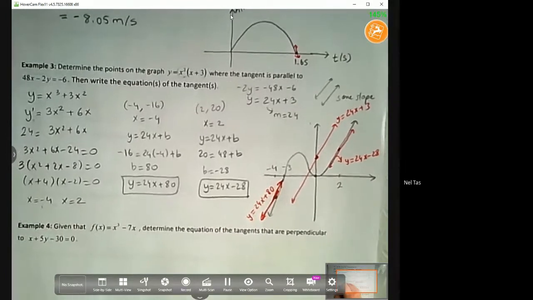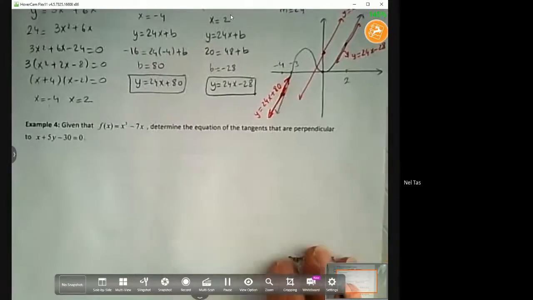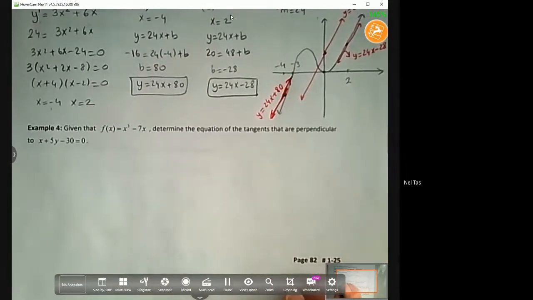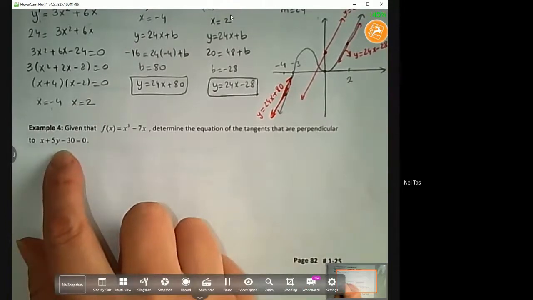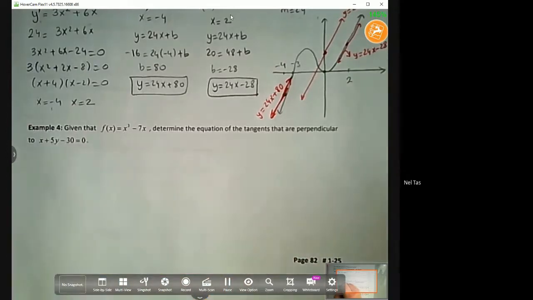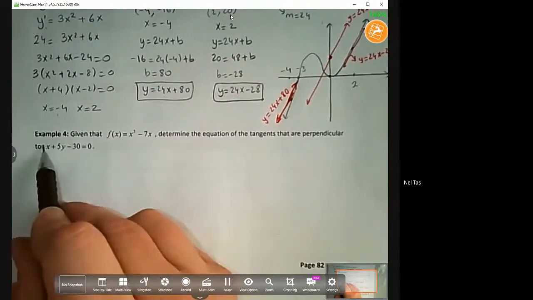Okay, let's look at the last question. Given that f of x equals x cubed minus 7x, determine the equation of the tangents that are perpendicular to x plus 5y minus 30 equals 0. Okay, so again, let's find the slope of this line.